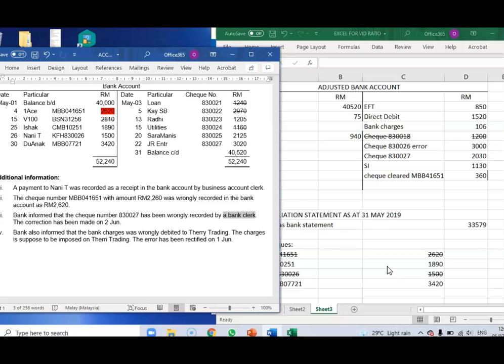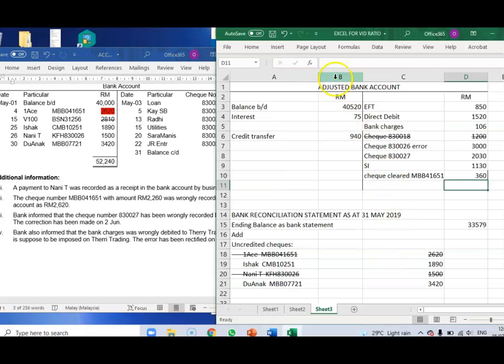If it's not the error made by our staff, the data in our adjusted bank account should be cleared, crossed out. So 830027. Okay, 830027. This is the data.